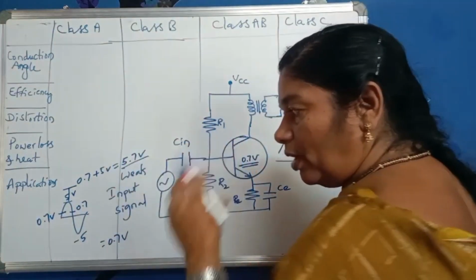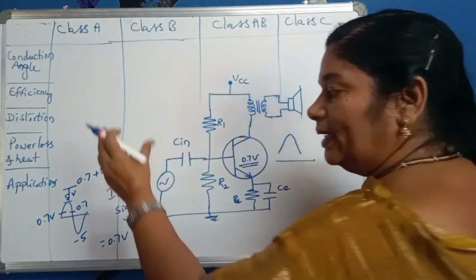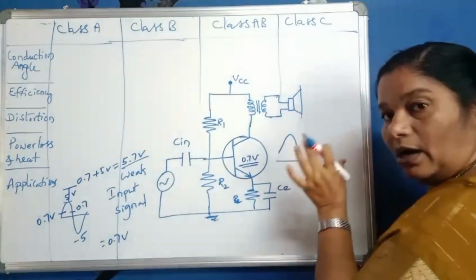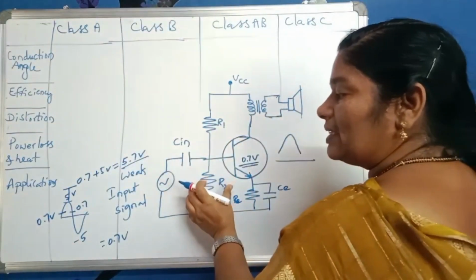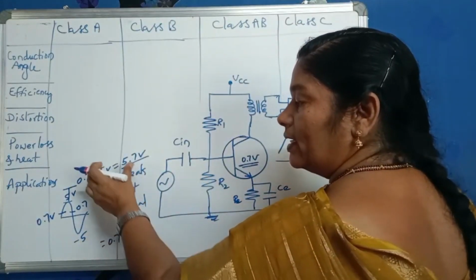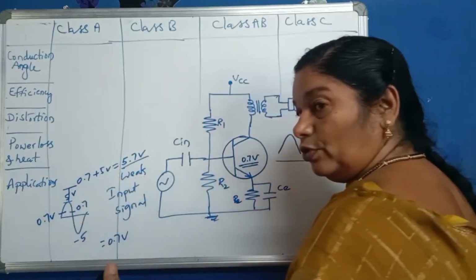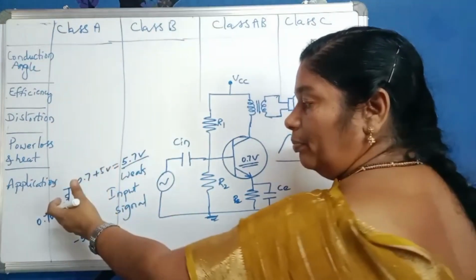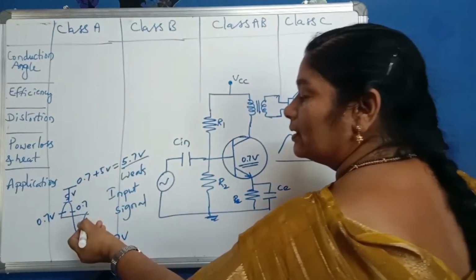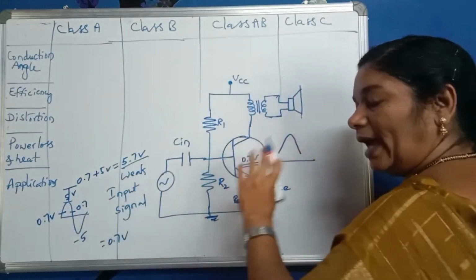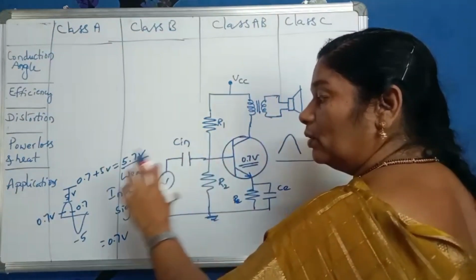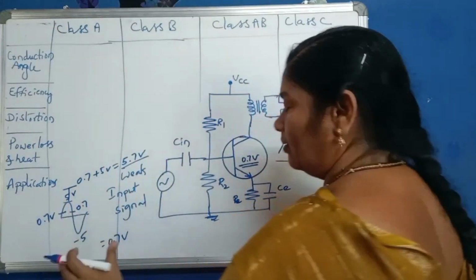Therefore, if you want the complete input signal to appear at the output, then you must apply a biasing voltage which is 0.7 volts more than the input peak voltage. Then the transistor will be in the active region for the whole input signal.